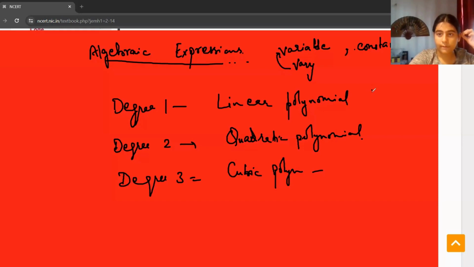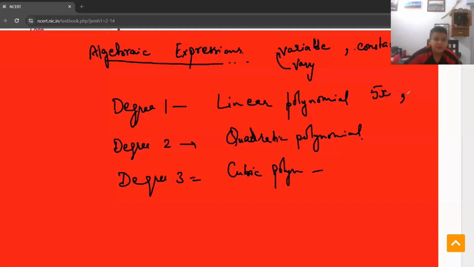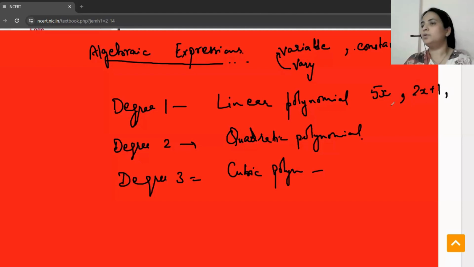5x. Okay. Tanish, you give me one example of linear polynomial. 2x plus 1. Okay. Arnav, you give me one example of linear polynomial. I cannot hear you. Turn the laptop a little towards you.